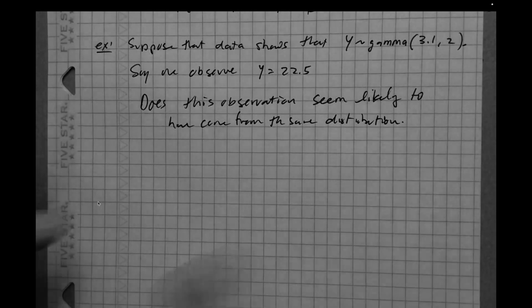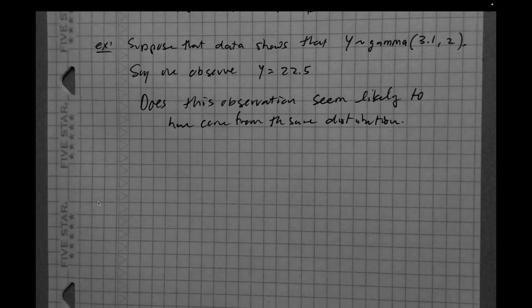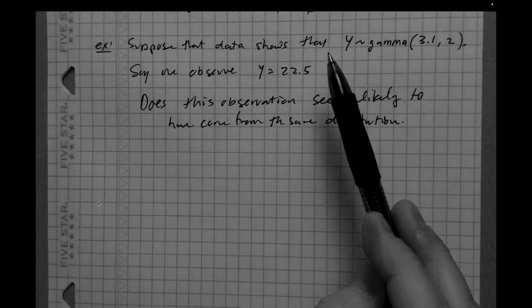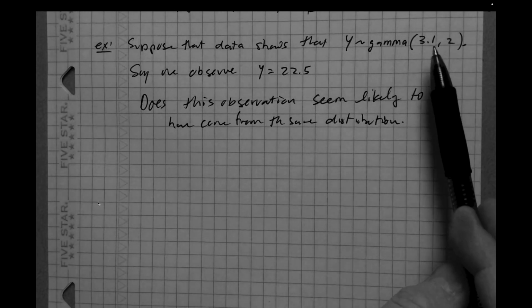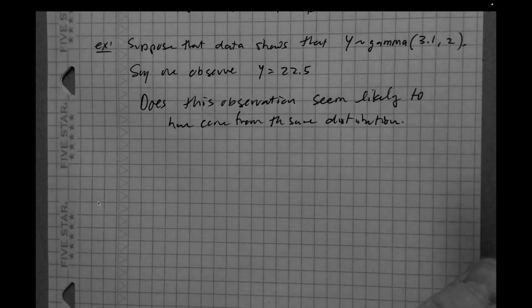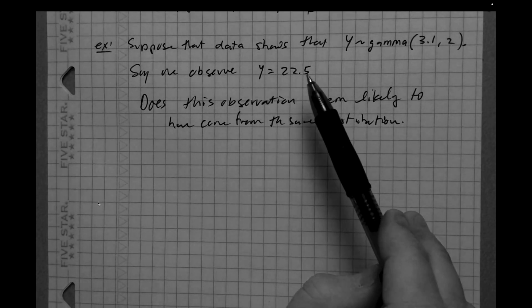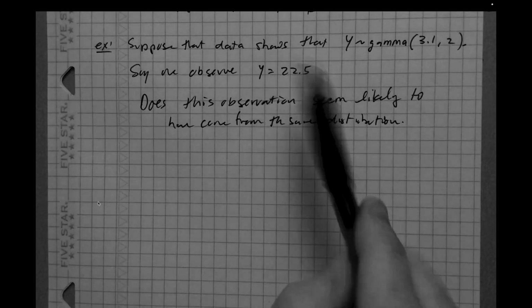You could couch this in a lot of different real world examples. I think your textbook uses the example of maintenance requests, where Y equals the amount of time for a maintenance request and it has a gamma(3.1, 2) distribution. Say we observe a 22.5-minute wait for a maintenance request.